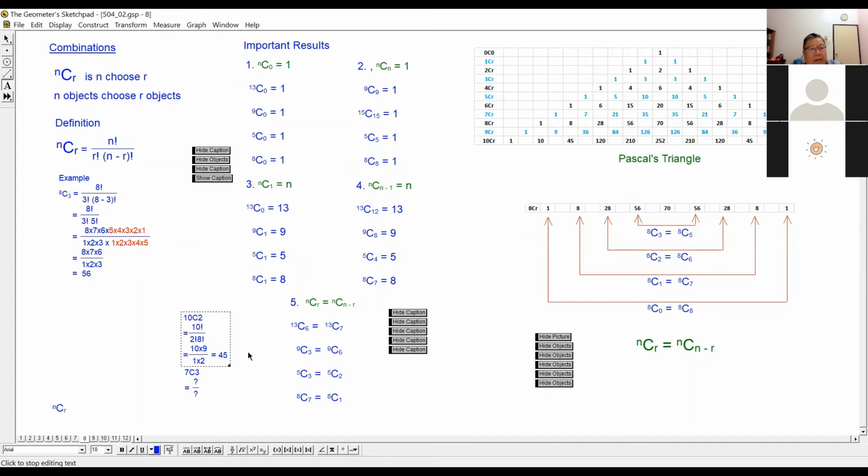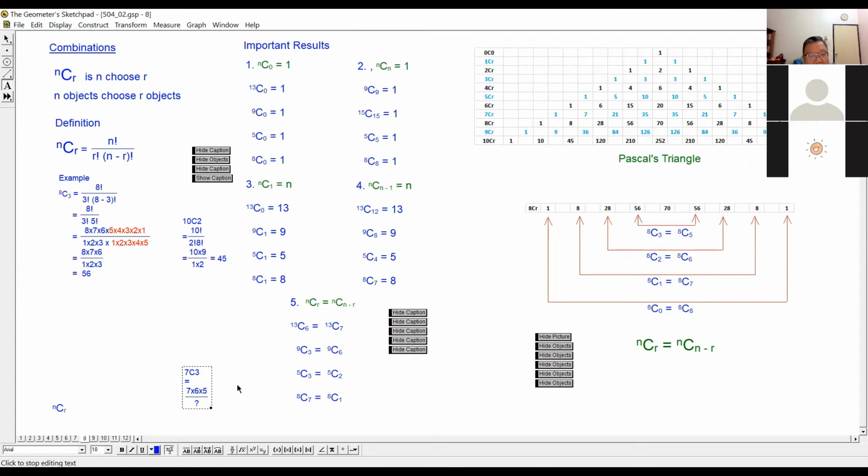Okay, teacher. Okay, right. Now I want to test you. I want 7 choose 3. What is the number at the top? You start from 7, you count how many? 7 factorial times how many? 7 times 6 times 5.